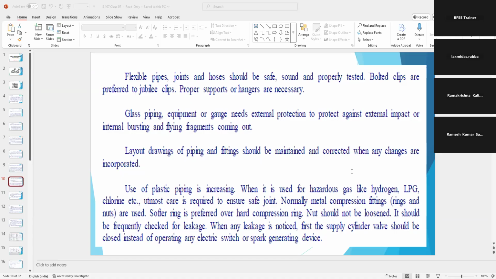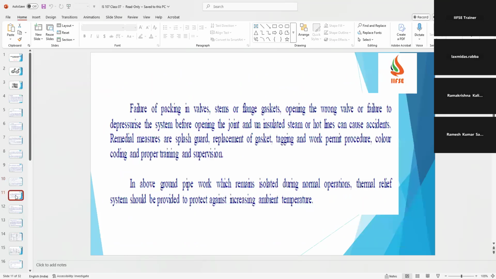Sometimes even rat bites can lead to such leakages. In such instances, we should switch off the supply at the regulator level instead of switching the lights on or off, as it can create an ignition source to catch fire.